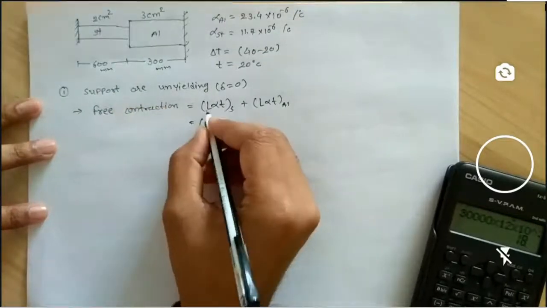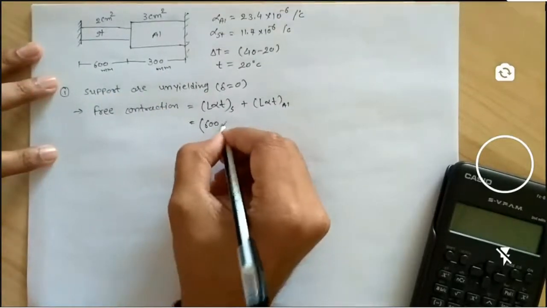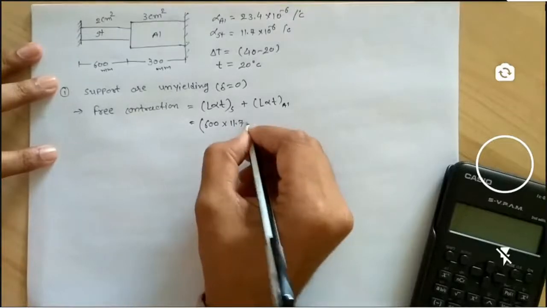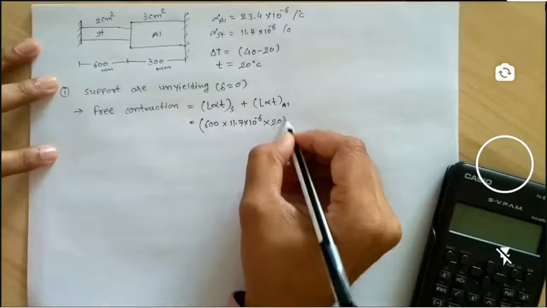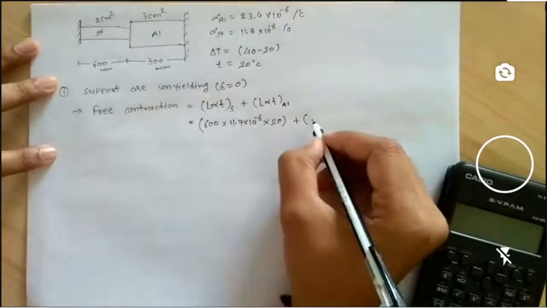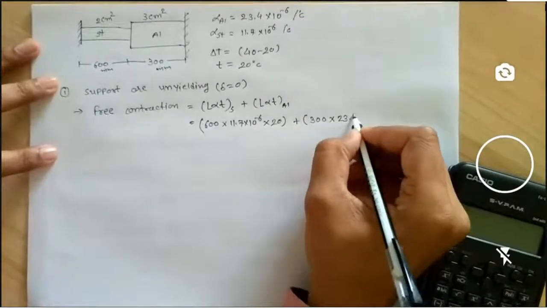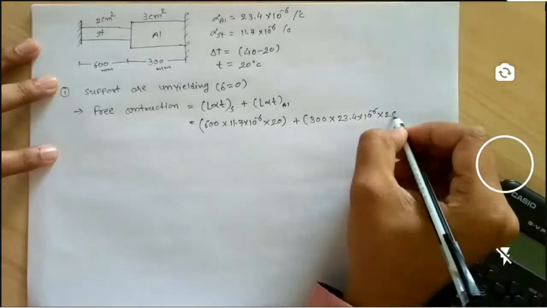So length 600 for the steel section, and its alpha steel 11.7 into 10 raised to minus 6 into temperature drop of 20 degrees, plus L for the aluminum section is 300 into alpha 23.4 into 10 raised to minus 6 into temperature drop of 20.